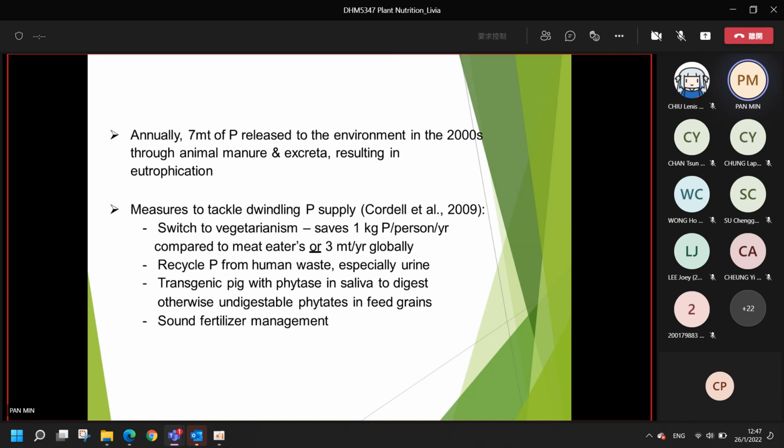And there are transgenic pigs with phytase in saliva to digest the otherwise undigestible phytase in the feed grain, and self-fertilizer management. All these try to maintain a better phosphorus supply and management in the soil and plant systems.